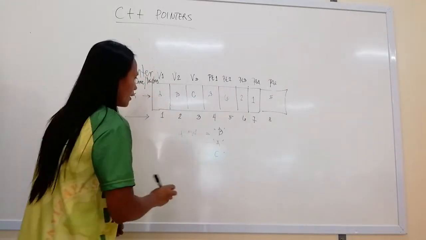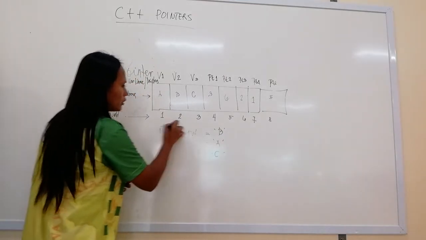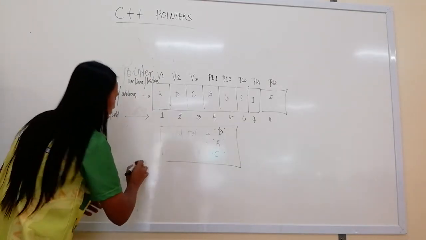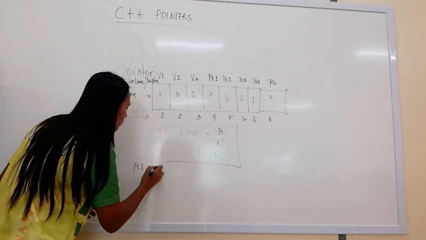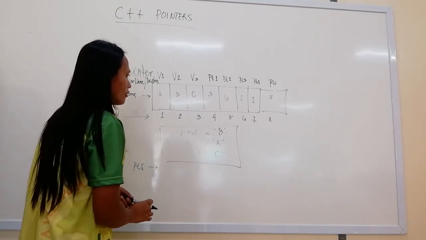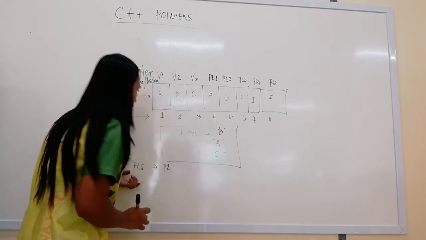In other words, if you examine the output that was derived a while ago, pointer 5 is pointing to the address of pointer 2. What is pointer 2?